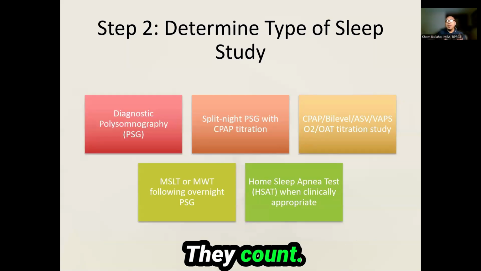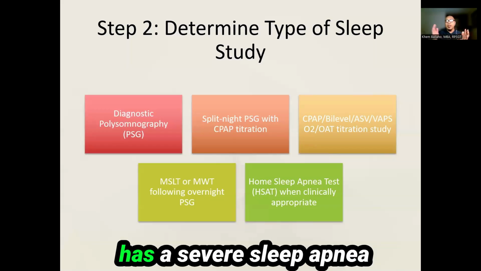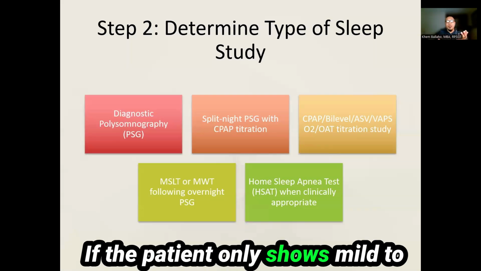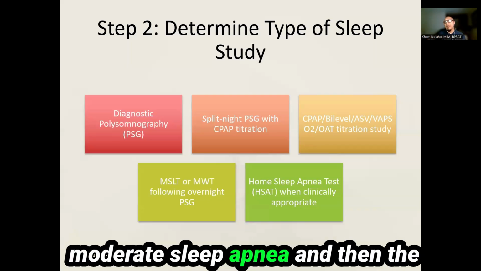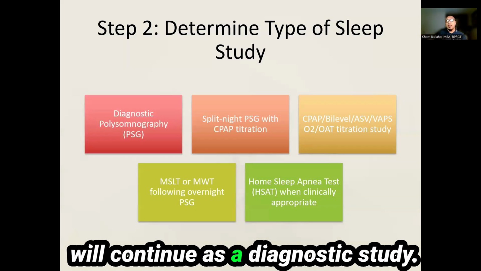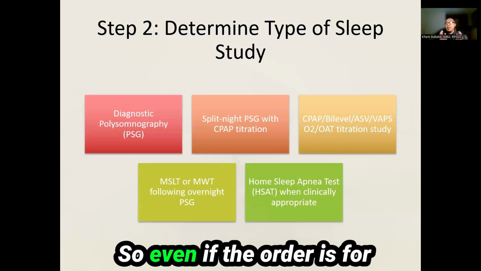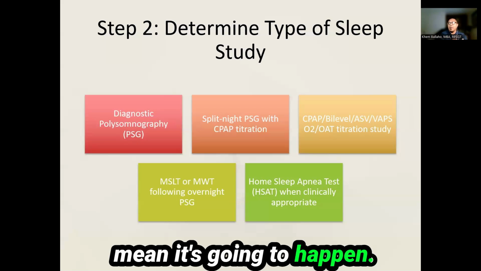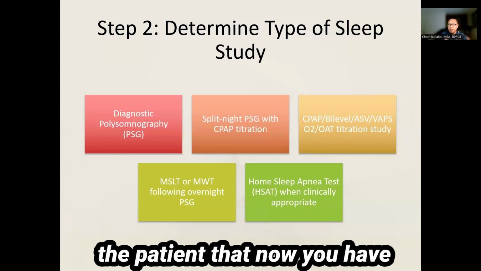They count to make sure that this patient has severe sleep apnea before they go for titration. If the patient only shows mild to moderate sleep apnea, then the CPAP titration will not happen. It will continue as a diagnostic study. So even if the order is for a split night, it doesn't mean it's going to happen. It depends what happens with the patient.